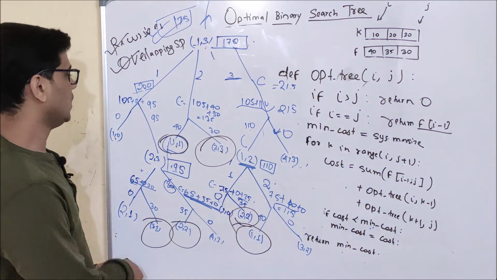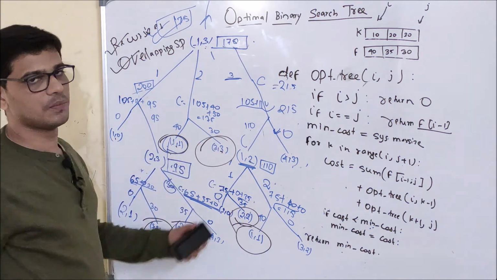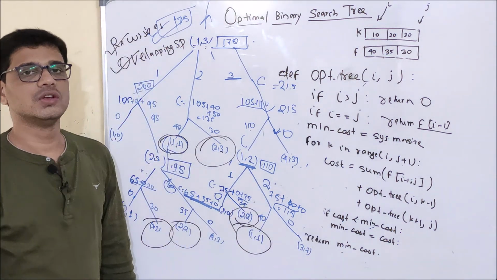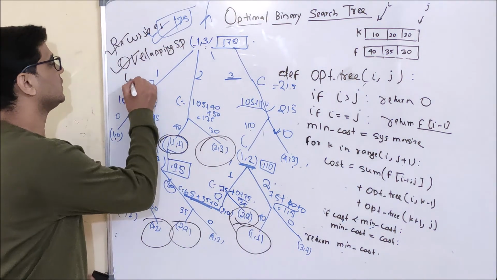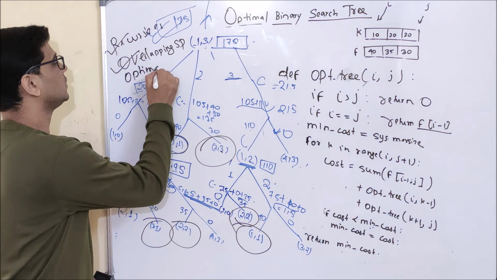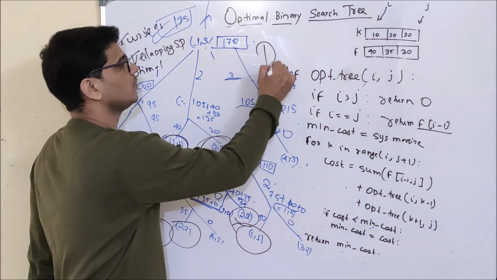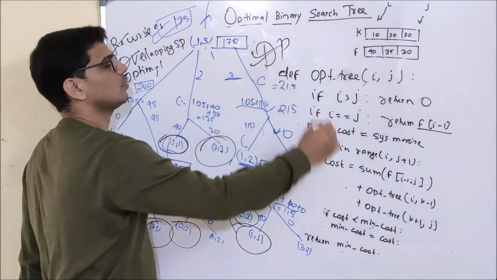And one more thing, this function call will be optimal in itself. Why? Same recursive equation. So the third property, that is optimal substructure property, is also satisfied. So what is my conclusion from here? I can apply dynamic programming.